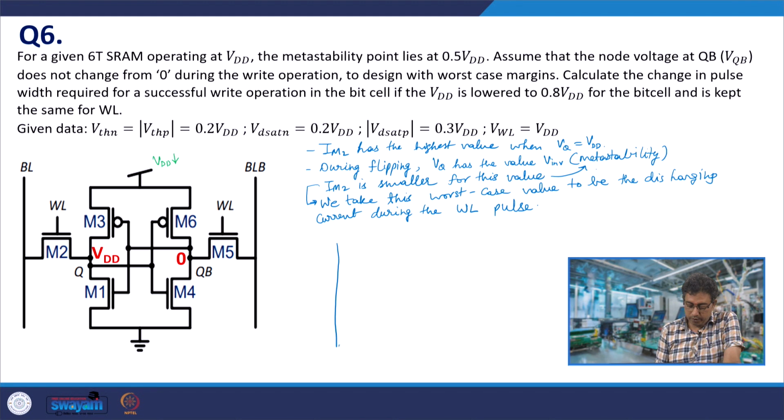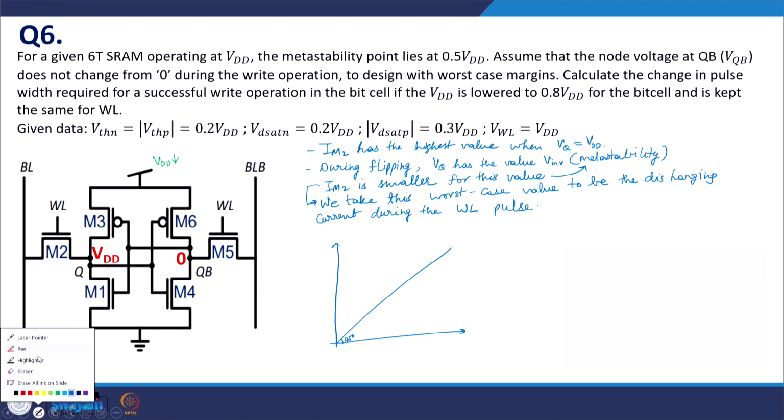Another thing that we do is we look at the VTC. Since these back to back connected inverters M3, M1 and M6, M4 are completely alike in this problem, we draw this 45-degree line and then we draw the VTC. Suppose this is for M3, M1 at nominal voltage.